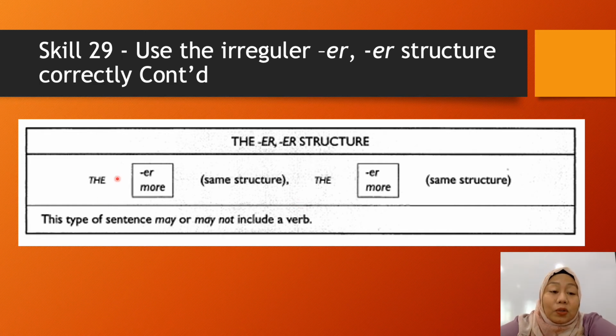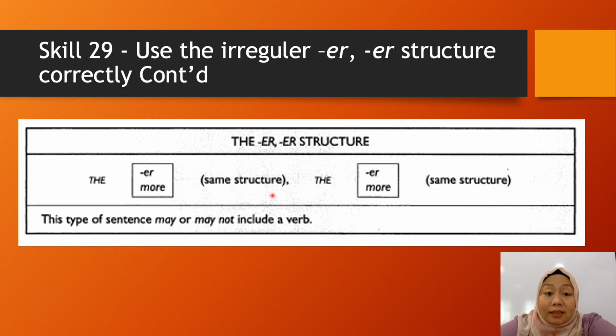So it should be "the", then the comparative suffix -er or "more", and then this one is a structure, and then "the" again, then the comparative suffix -er or "more", and then another structure. But what you have to remember is that these should have the same structure.